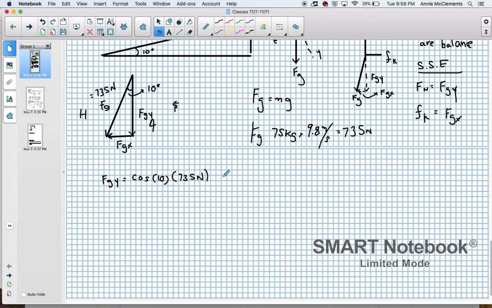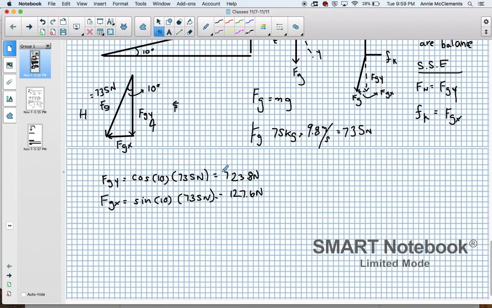That value is 723.8 newtons. And Fgx is going to be opposite, so it's going to be sine of 10 degrees times 735 newtons, which equals 127.6 newtons.